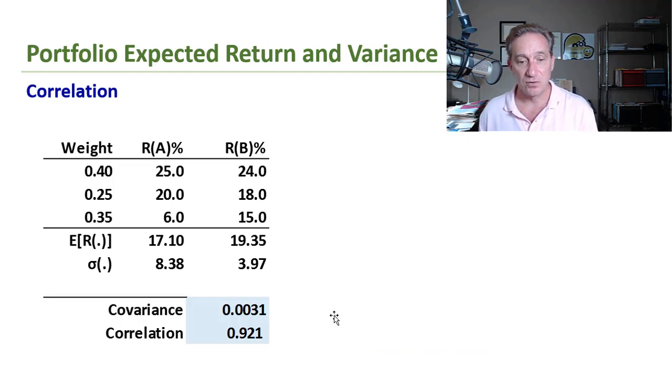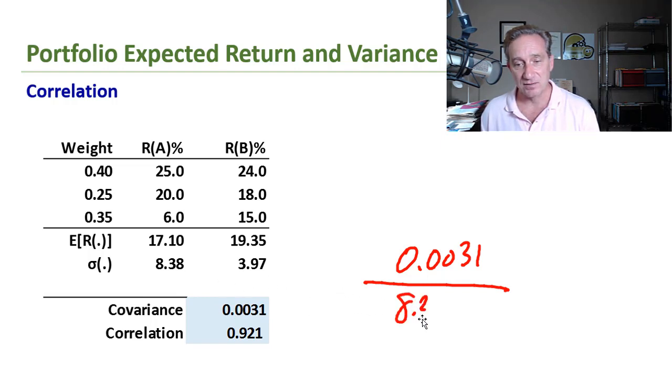So continuing with the previous exercise, we already calculated the positive but low covariance, and now to translate that into a correlation, if we've already computed the statistics, is very straightforward. We just take that covariance and divide it by the product of the standard deviations, 8.38 and 3.97. I put parentheses around them, and that's a multiplier.